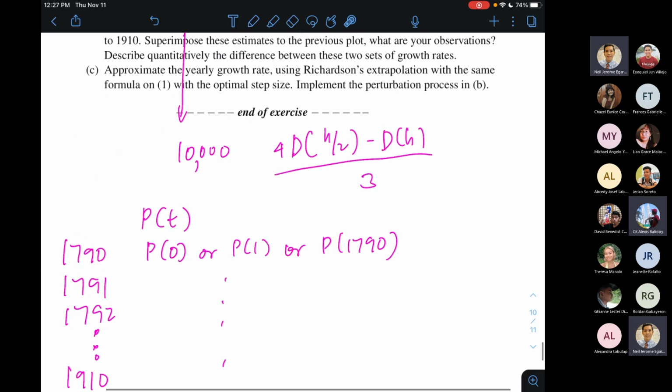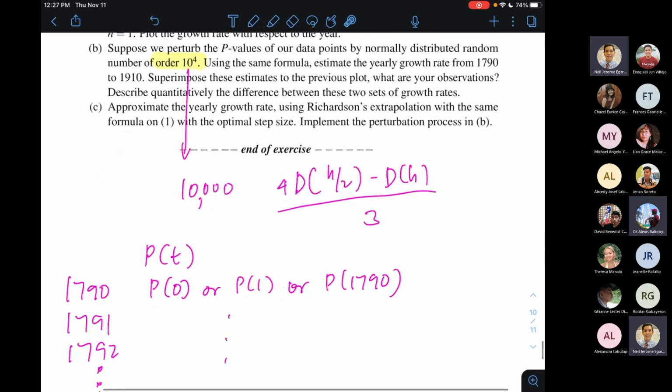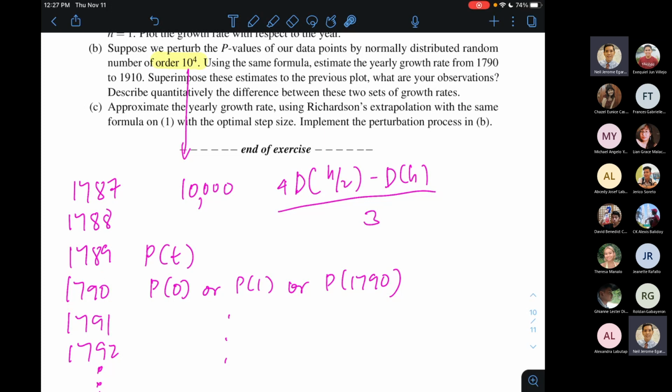So posibleng kailangan ninyo para makuha si yung growth rate kay 1790, kailangan nyo yung data kay 1789, 1788, at 1787. Kasi kailangan nyo yung growth rate kay 1790, 4-point backward formula yung pinaderive sa inyo.